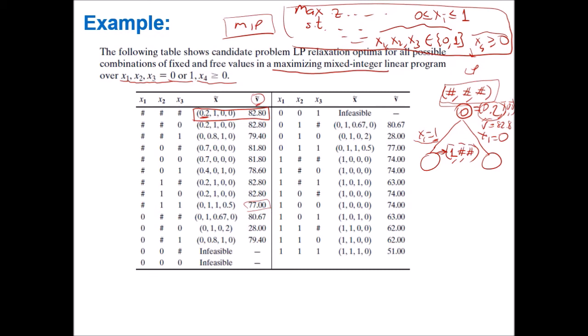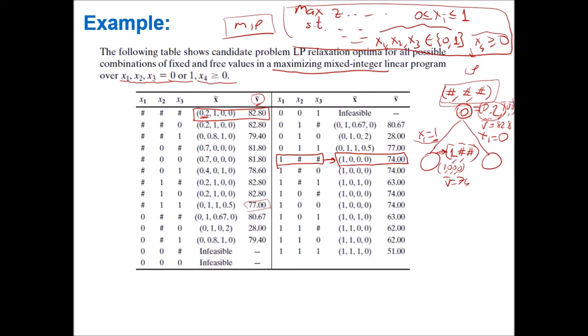In this table, I'm going to find the 1, free, free, which is this one, and the solution is given here. So I'm going to use this solution 1, 0, 0, 0, and the objective function value is 74. Depending on this solution, I will make a decision whether to fathom or continue.